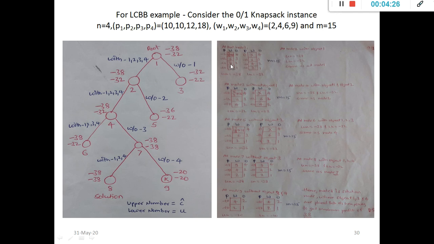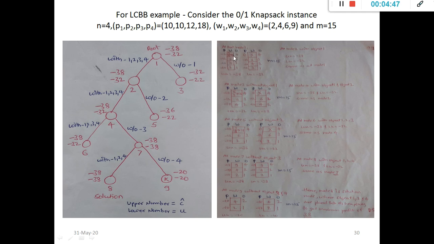Similarly, when you place object 2 into the knapsack, the weight of object 2 is 4, and you get the profit as minus 10. When you place object 3 into the knapsack, the weight of object 3 is 6 and the profit is minus 12.